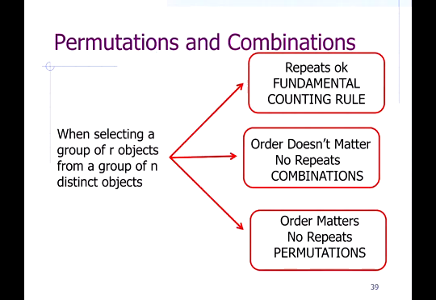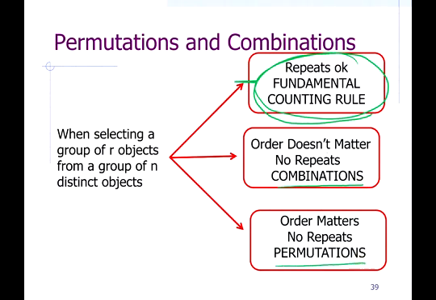All right, so a quick overview. When you're selecting a group of r objects from a larger group of n objects, if repeats are okay, you have to use the fundamental counting rule. If there's no repeats, well, it may be a combination, it may be a permutation.